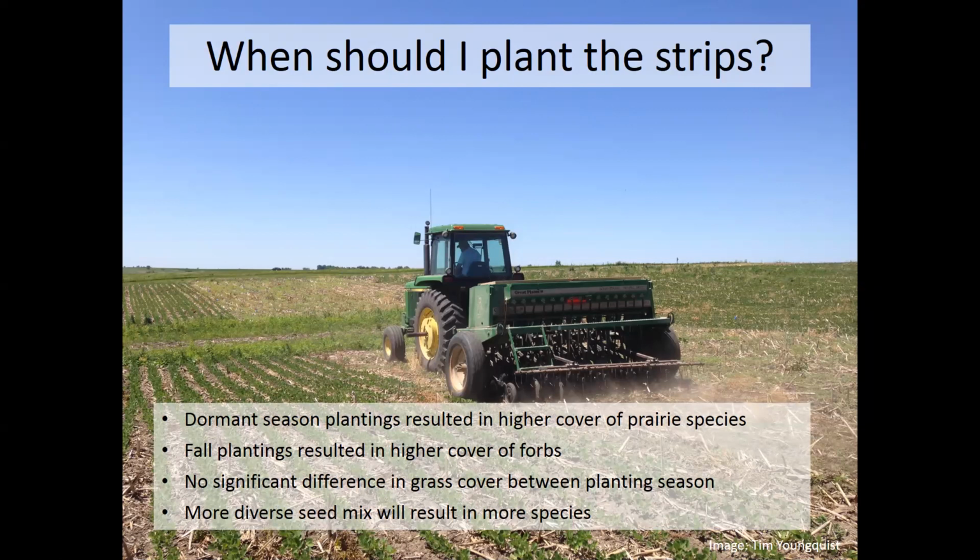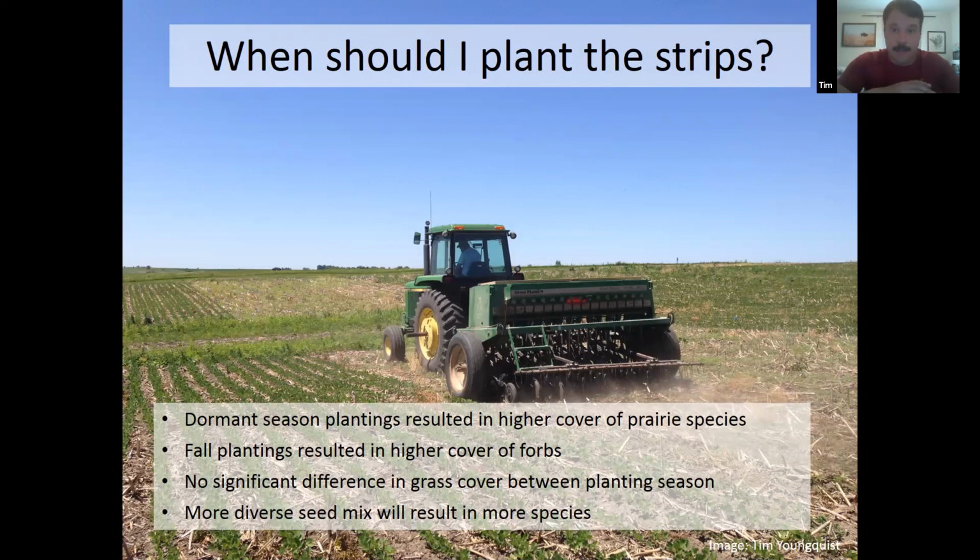Great, thanks. So if you enroll in CP 43, you need to commit to leaving those strips in for, did you say 10 years? That's correct. They're generally a 10-year contract, and potentially you could get into a 15-year contract if you wanted. At the end of that period, you can choose to either re-enroll or take those out.